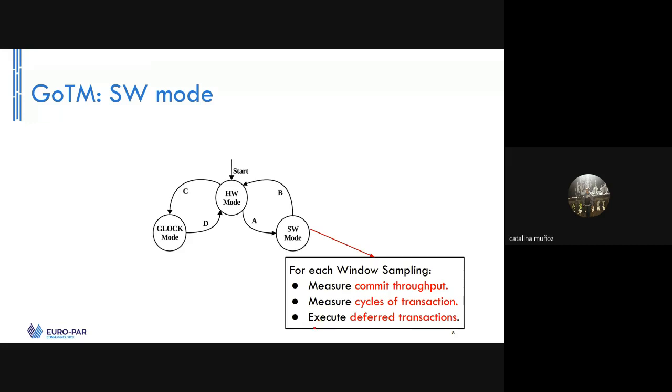These transactions are the ones that, while executing in hardware mode, were unable to commit because of capacity limitations, and were the ones that caused the transition to software mode. So we know that these transactions must be executed in software mode before we even consider another transition from software to hardware, which would be transition B, right?